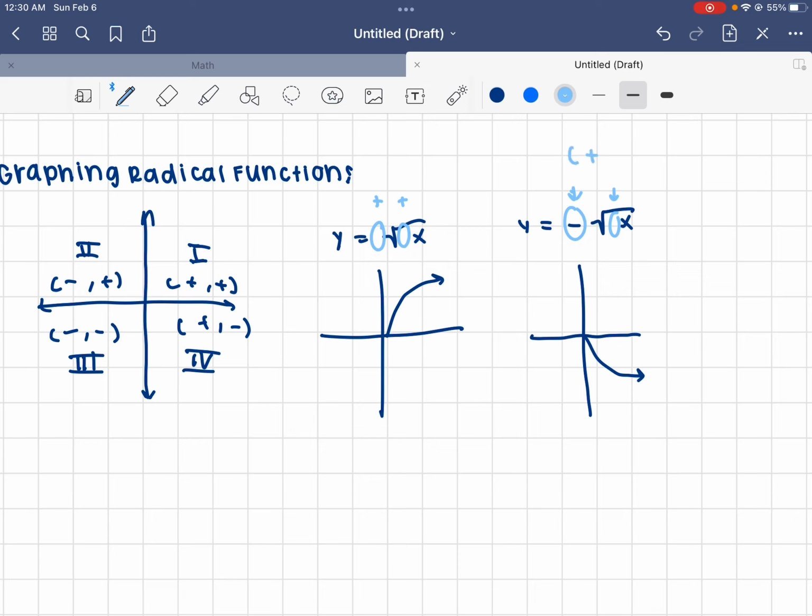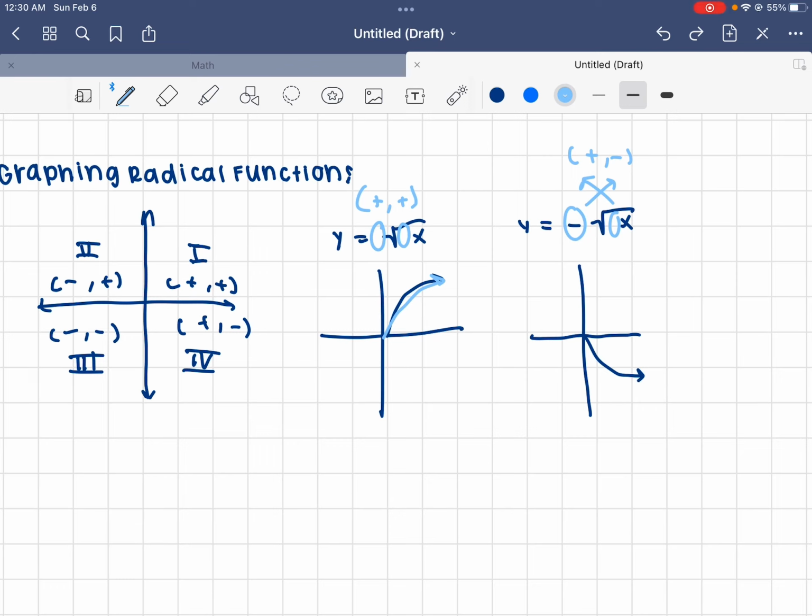So you can see that this goes over here and this goes over here. Meanwhile, over here, they'll both be positive. So we see our graph is inside quadrant 1 because both our coordinates are positive.